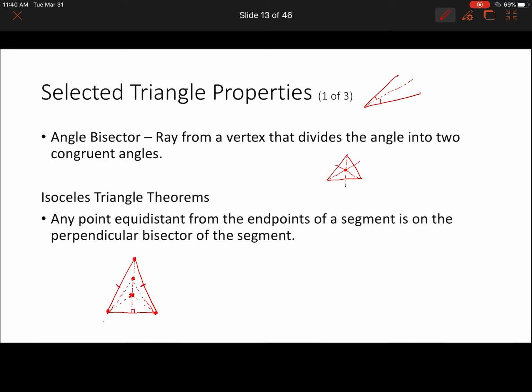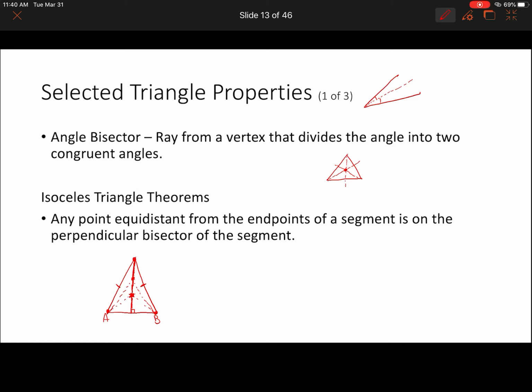You can do that with the vertex, this point, and you can see that, again, it's isosceles, so we already know those two side lengths are the same. And so what this theorem tells us is that if there's a point that is on a perpendicular bisector, that's the key word here, then those points are all equidistant from this segment.